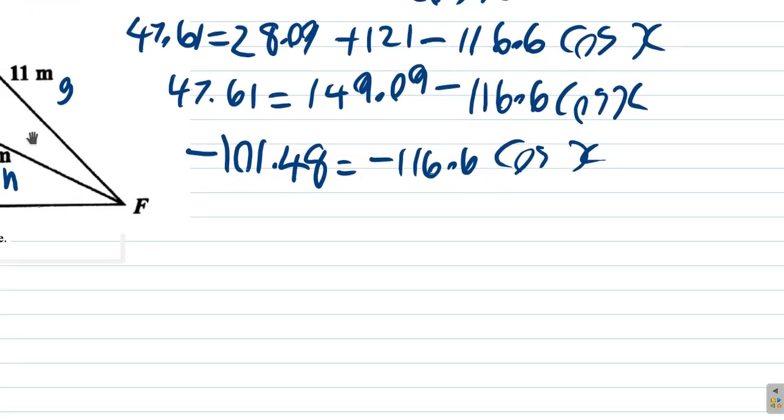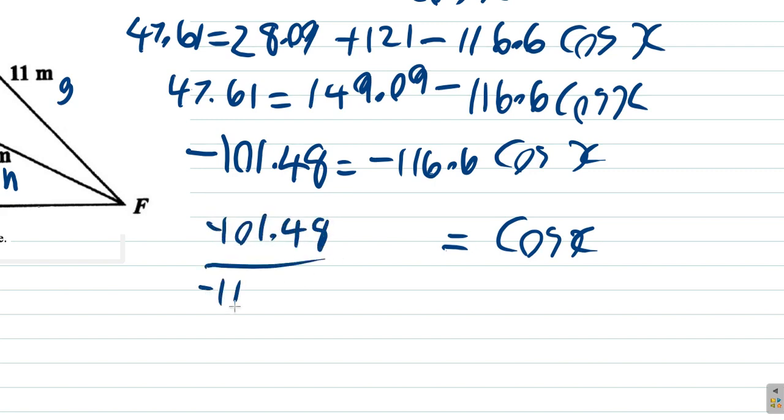Alright? So divide both sides by negative 116.6. You're going to get cos x equals negative 101.48 over negative 116.6. So that over 116.6 is what? 0.87. 0.87 equals cos x.